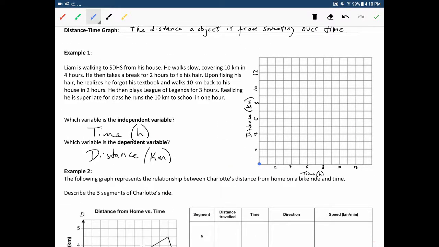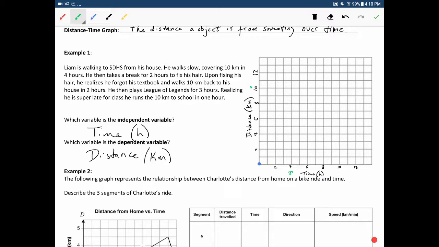We'll see. Okay, so Liam is walking to SDHS from his house. He's going to cover 10 kilometers, and it's going to take him 4 hours. So the distance covered, and let me just do this in green, he's going to get to the 10, but it's going to take him 4 hours.